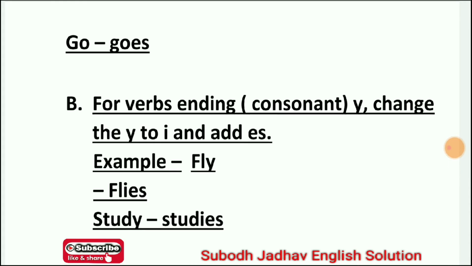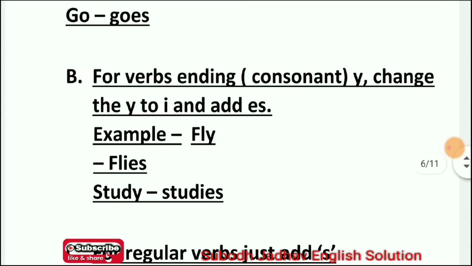B, for verbs ending in consonant plus y, change the y to i and add es. You have to remember that for verbs which end with y and before that y there is a consonant, you should use es, but change that y into i. For example, fly becomes flies.